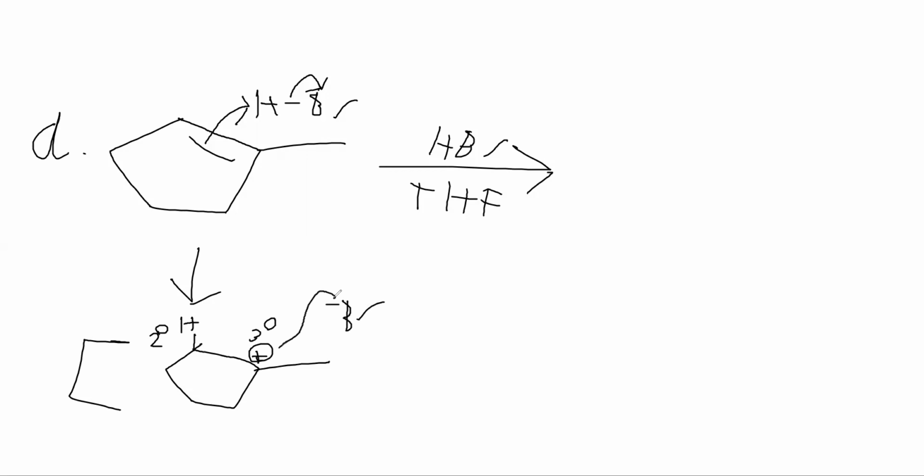And then the bromide ion will attack the cation, and you just get the Markovnikov bromine added. So that's that, something I've seen a lot.